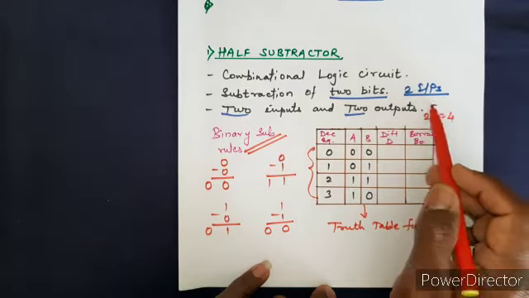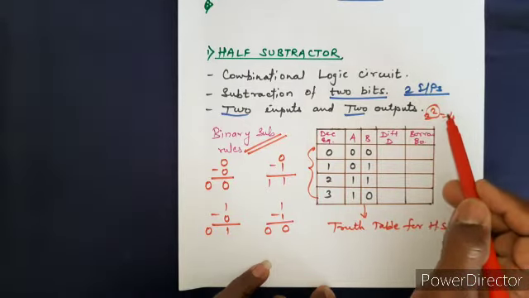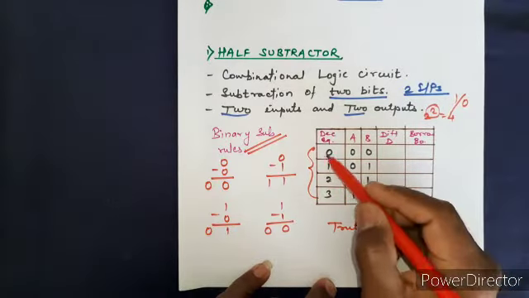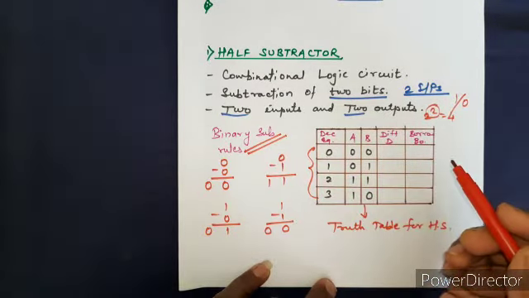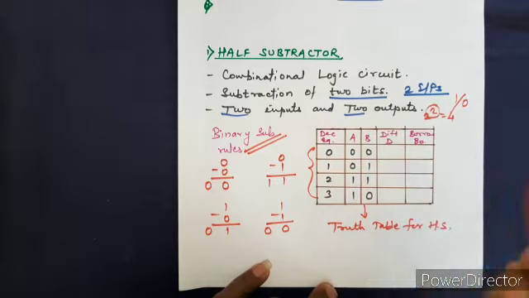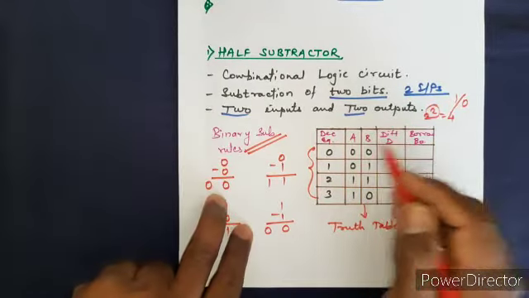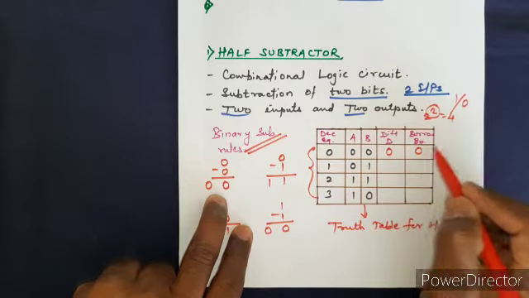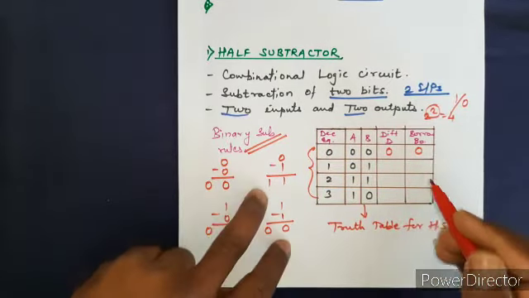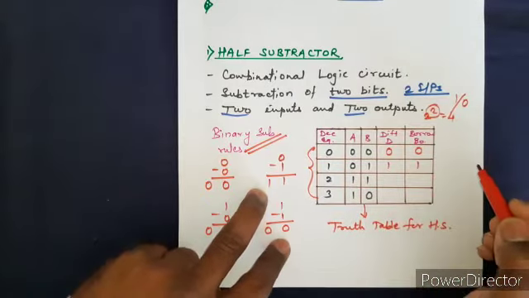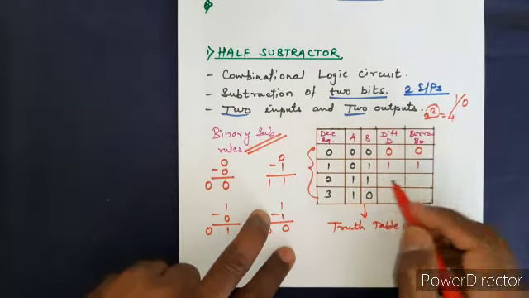Although we have 2 inputs, the combinations of zeros and ones give us 4 input combinations. Let's see here. 0 minus 0, as we have seen: difference is 0, borrow is 0. 0 minus 1: difference is 1, borrow is also 1.